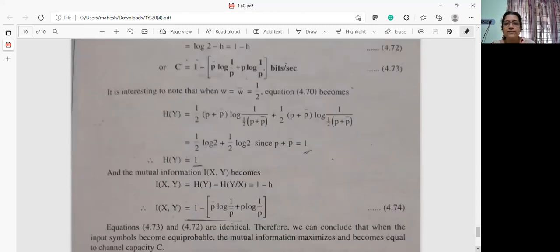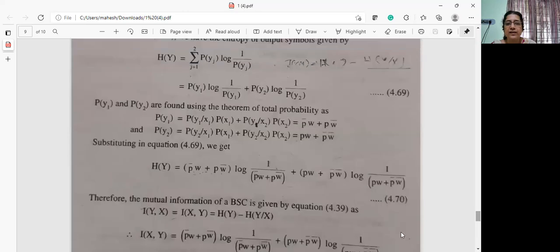Now here we are making a simple substitution of W equal to W bar equal to 1 by 2. In that case, when you make that substitution for W and W bar, I hope you remember the equation for H of y. Since W and W bar are equal, you can take this as a common term and you have P bar plus P inside the bracket.